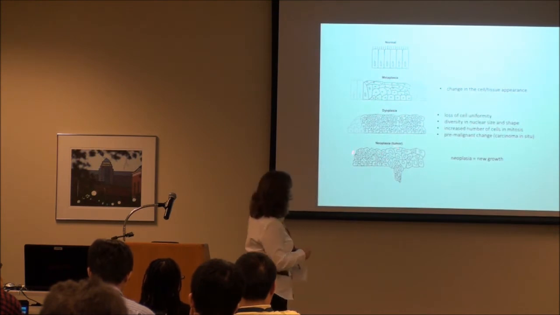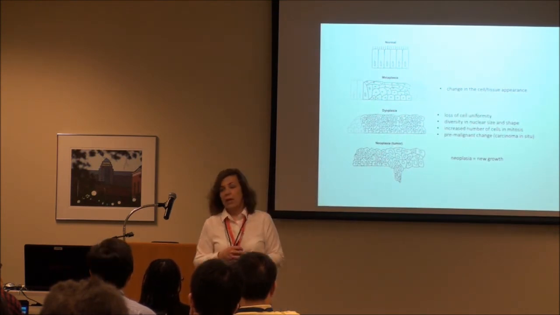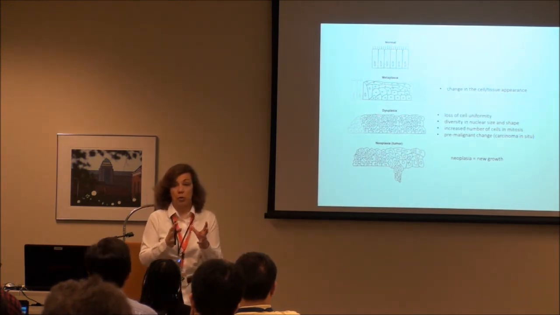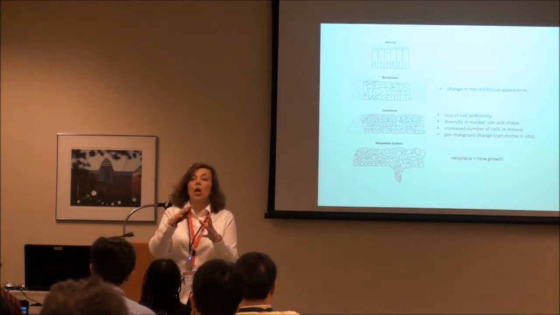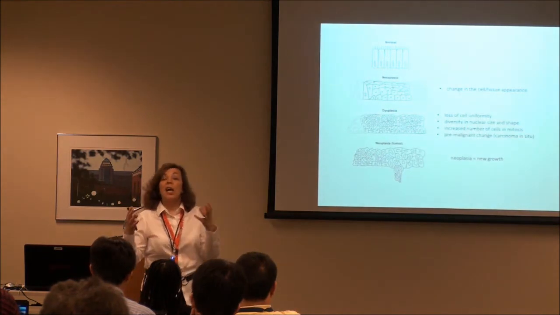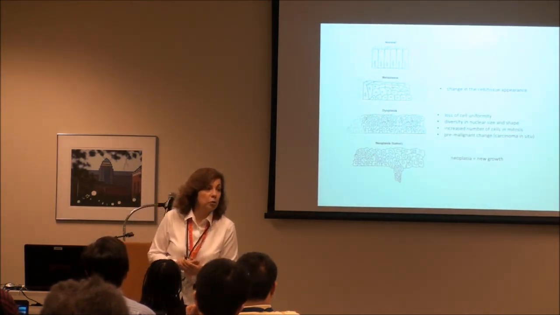Now, if this dysplasia continues, then it can form a neoplasia, which means new growth. So what's now happening is these cells are growing over the size of their normal tissue and forming a clump of cells, neoplasia, or if you want to call it a tumor.